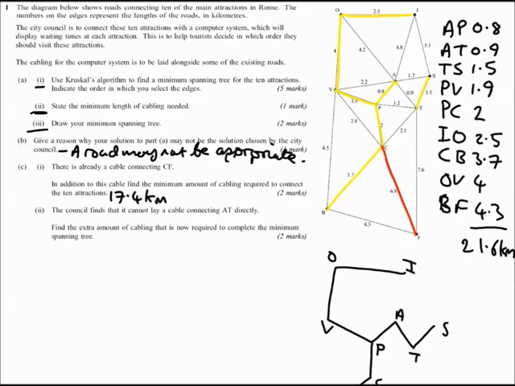Well, of those two, P to T is shorter, so we'd use that. It's 0.3 kilometers longer than A to T was, so P to T take away A to T is 1.2, take away 0.9, so we need an additional 0.3 kilometers.